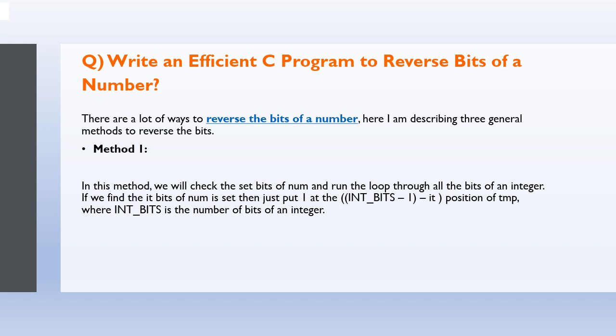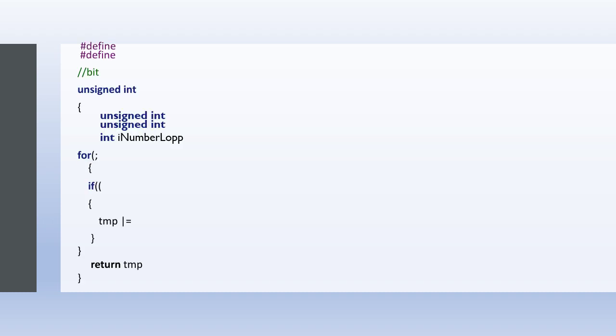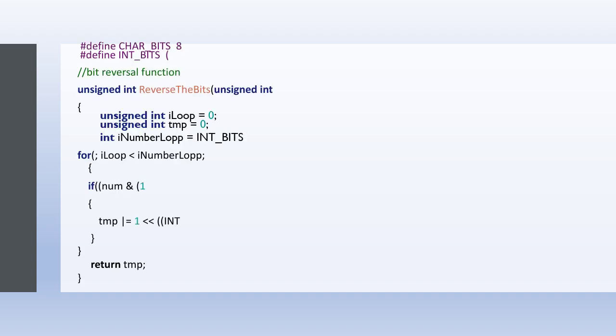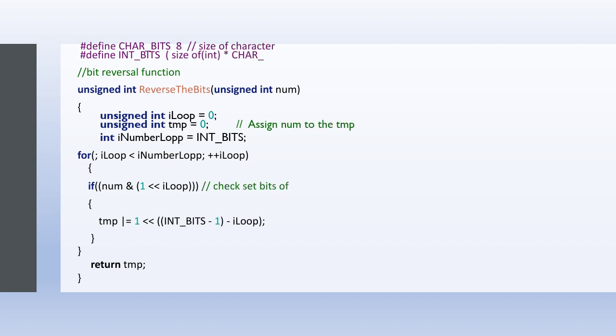Let's see the code. I will use a small macro called CHAR_BITS, which is #define CHAR_BITS 8, and INT_BITS, that is sizeof(int) * CHAR_BITS. This is a program to reverse the bits.